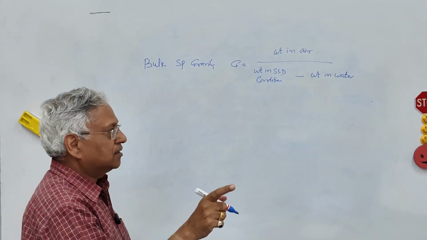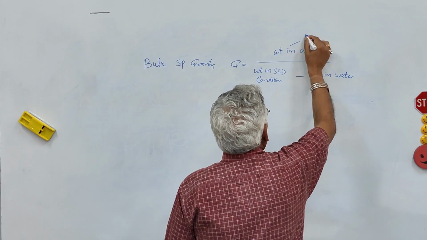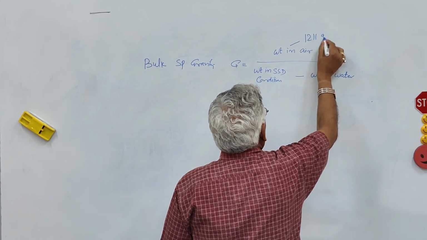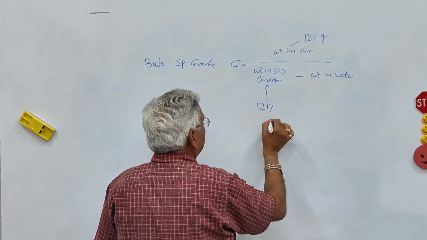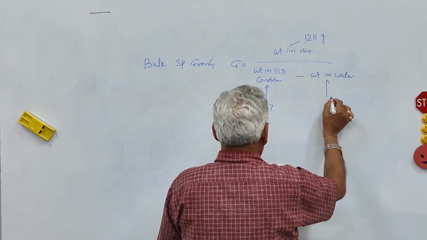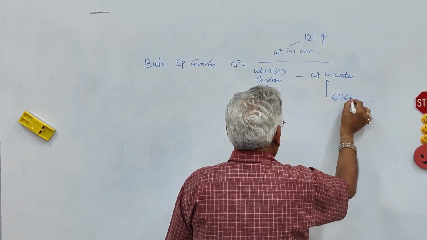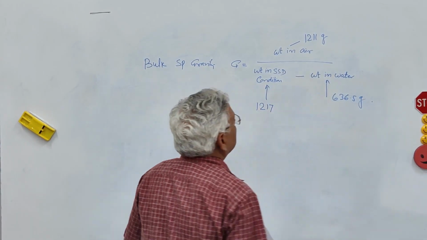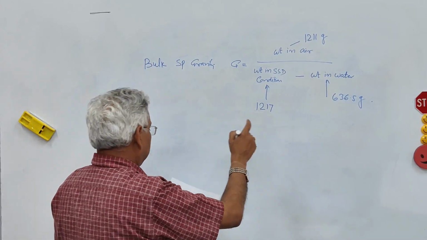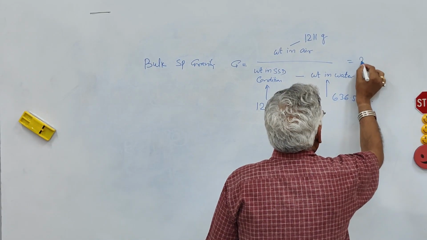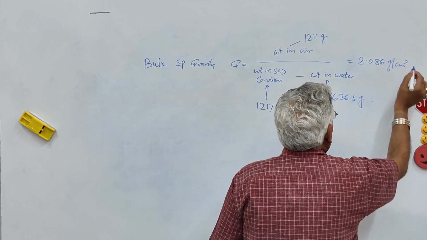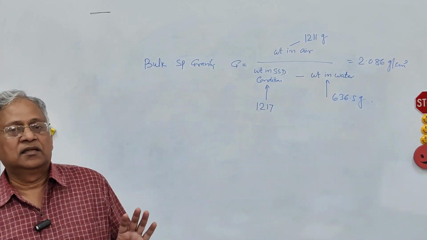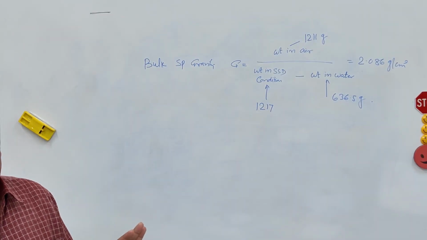So in our case, the weight in air is 1211 gram. Weight in SSD condition is 1217 gram. And the weight in water is 636.5 gram. If you put in the values, you get the density 2.086 gram per centimeter cube. That is the bulk density.